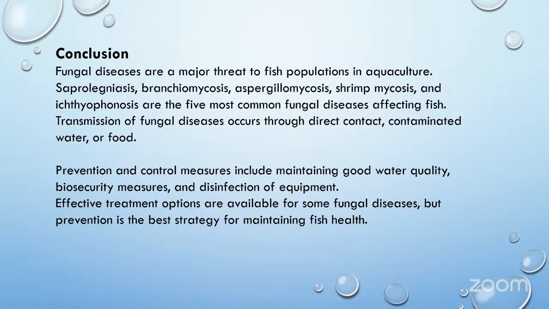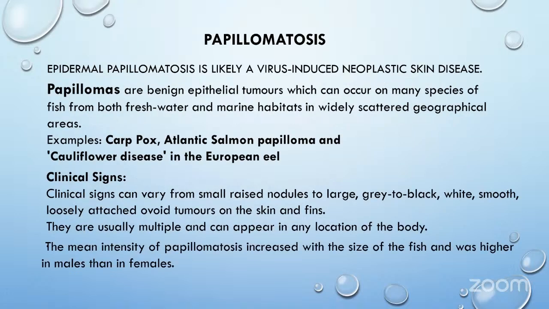Now, with this, we have come to the end of this chapter. We'll just look at the summary. So, what are the 3 factors that are involved in fish diseases outbreaks?